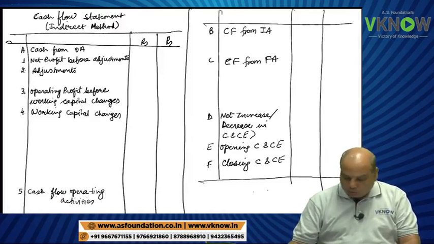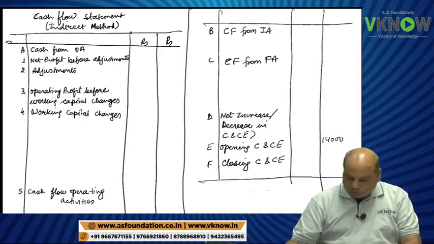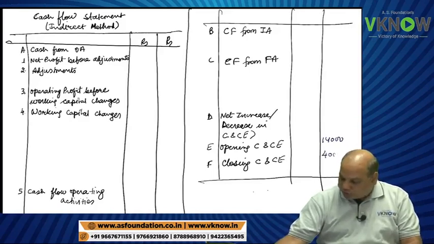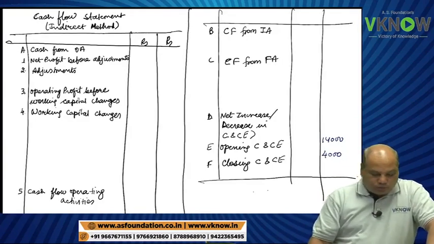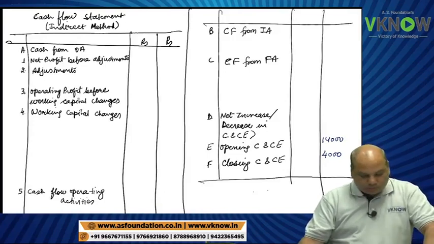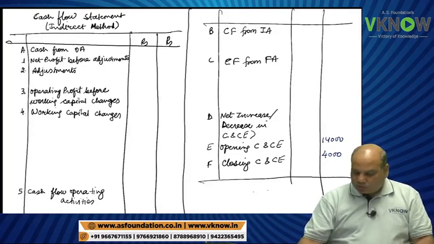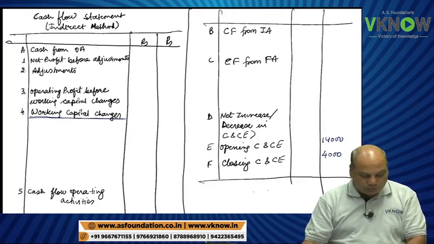Cash opening balance 14,000. Point number E. Closing balance 4,000. Point number F. Accounts receivable will come in operating activity, working capital changes.